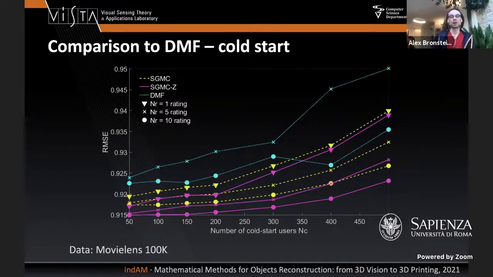Here we are showing 3 examples: just 1 rating, 5 ratings, or 10 ratings in the columns, and this is the number of cold start users in the Netflix problem. This is MovieLens 100K data, again films that users recommend. You can see that SGMC and SGMC with the zoom out loss significantly outperform DMF in this cold start problem.